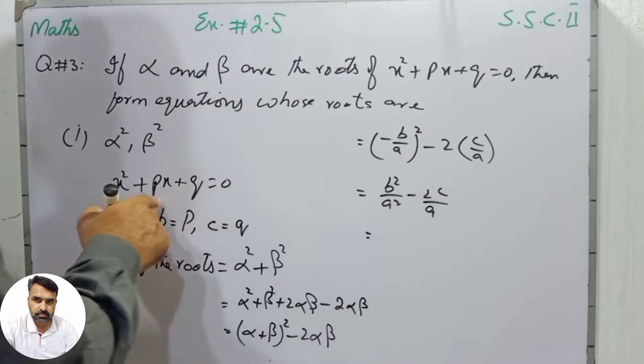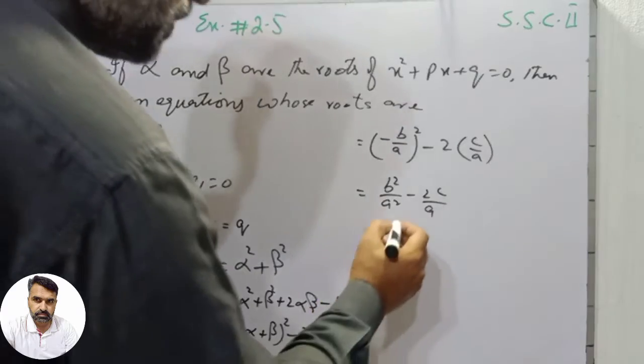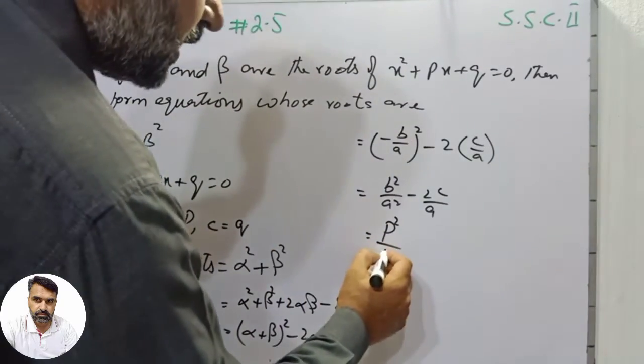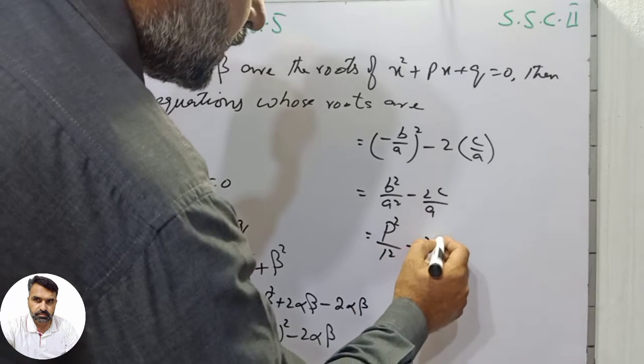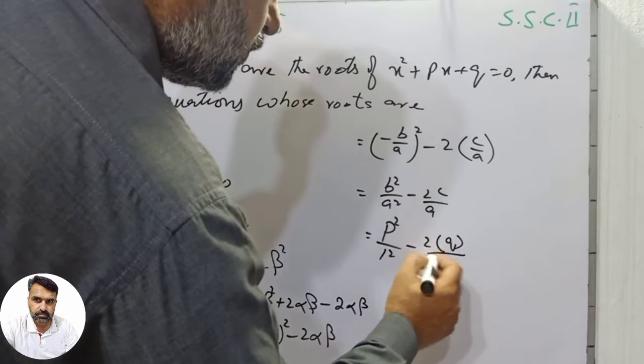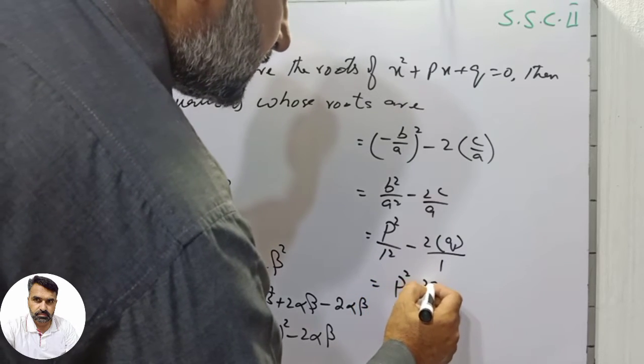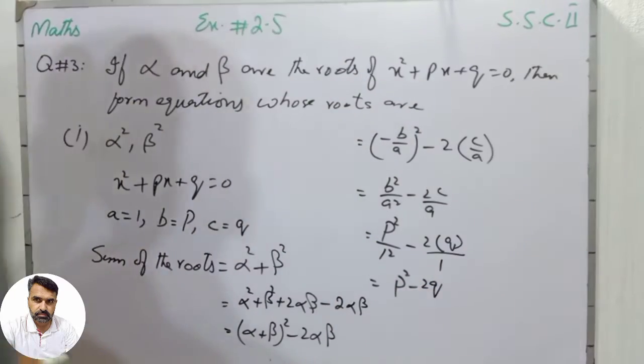The value of b is p, so it will be p square over, and the value of a is 1, that is 1 square, minus 2, and the value of c is q over 1. And students, we will have the sum, that is p square minus 2q.